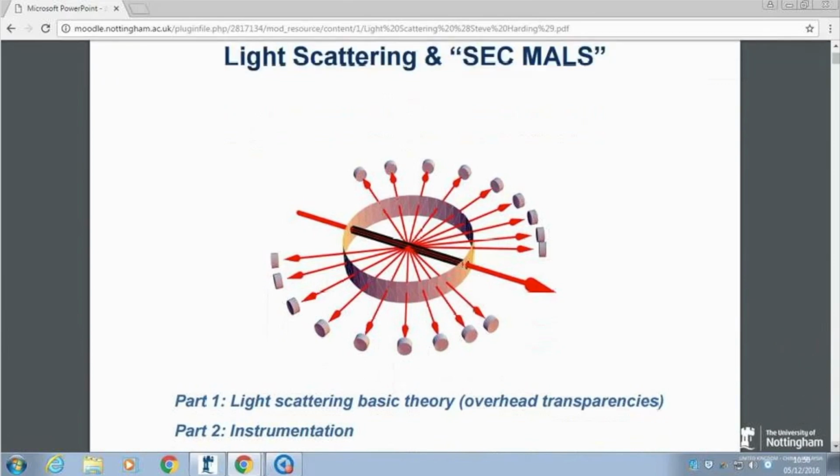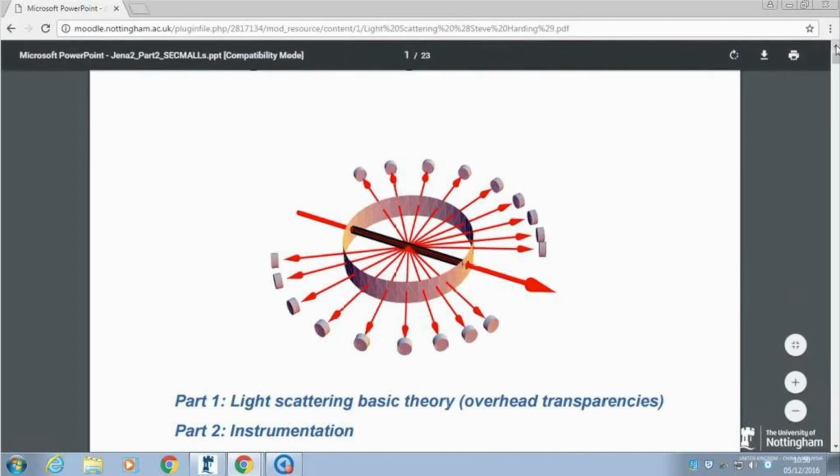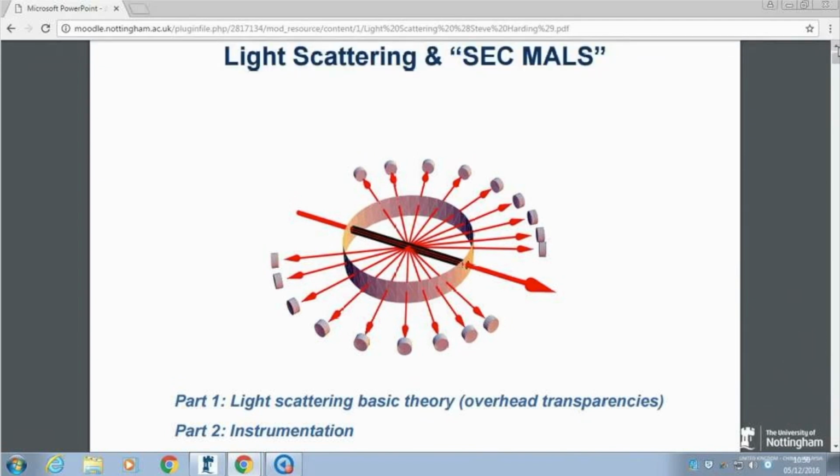This lecture is about a technique which is very popular in industry, biotech, biopharma, to some extent the food industry as well, in terms of characterizing macromolecules in terms of the molecular weights and conformations and things.